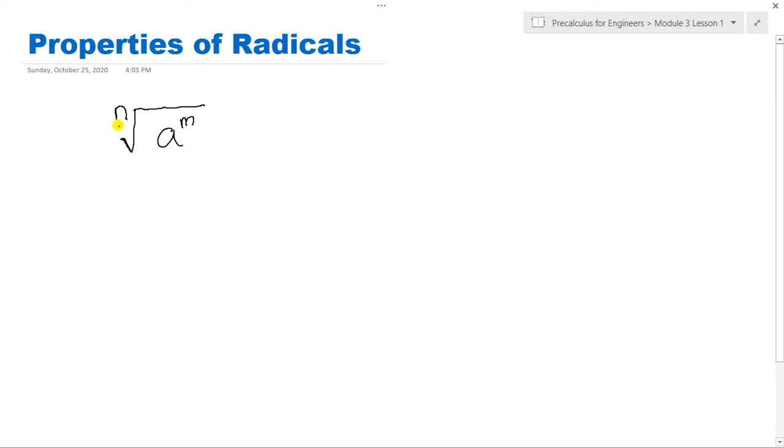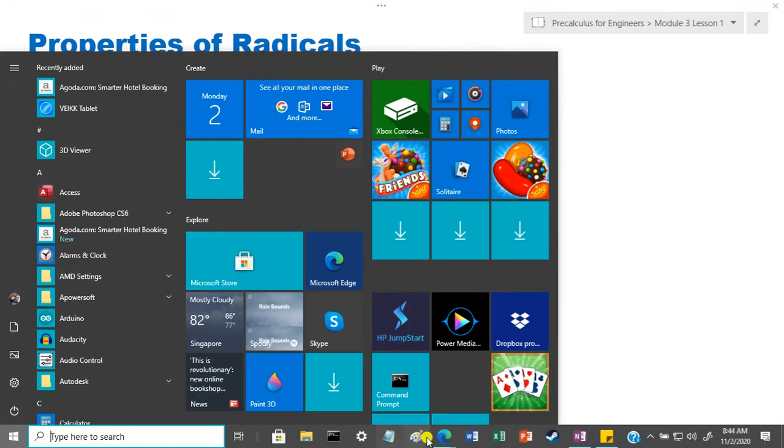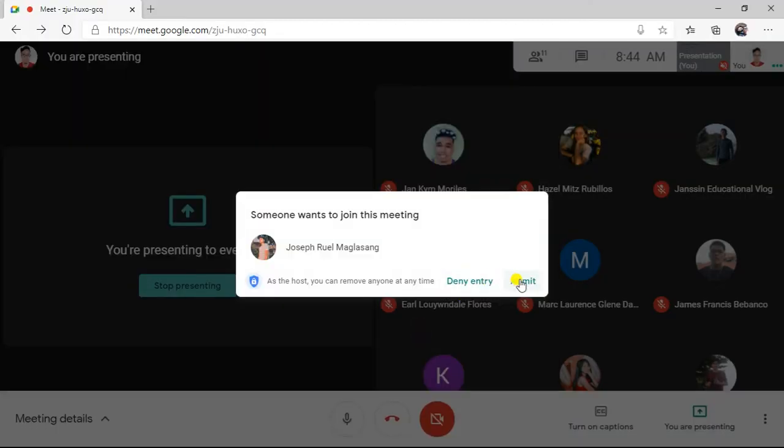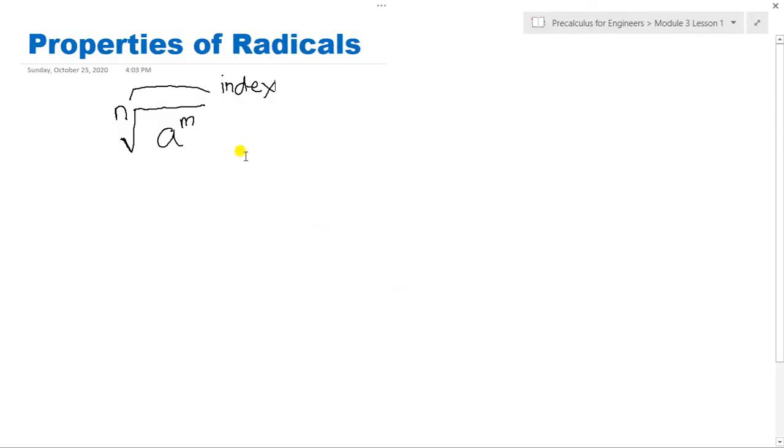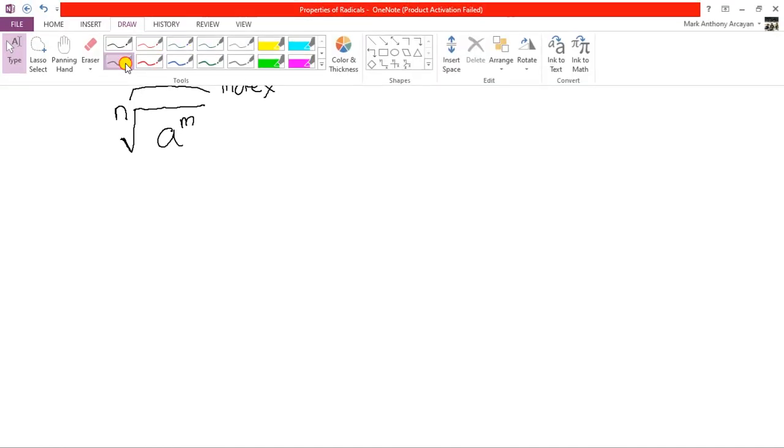So balik muna tayo sa mga parts ng radicals. So this n here is your index. So yan yung index natin. Okay, may nag-join. That is our index. So take note ha. N is our index.